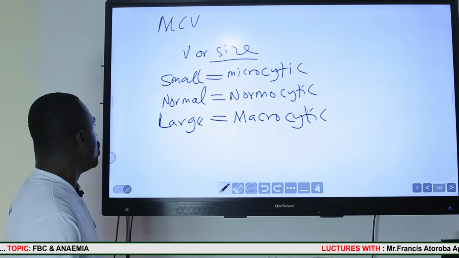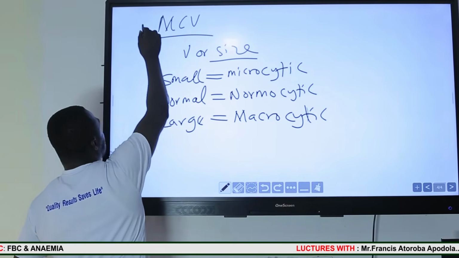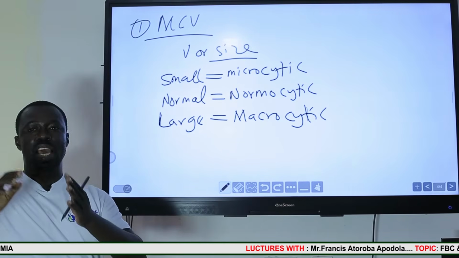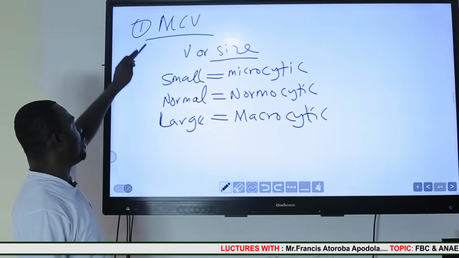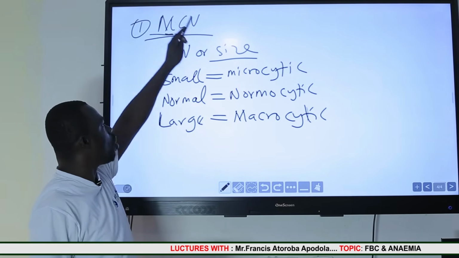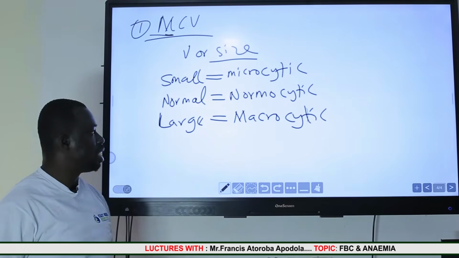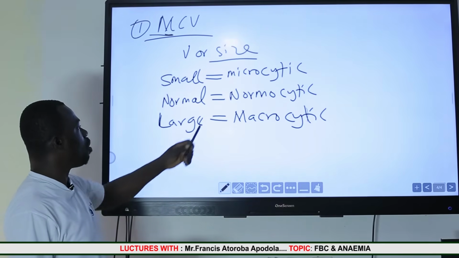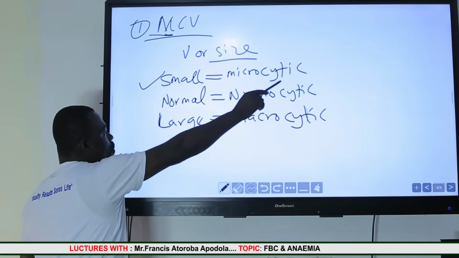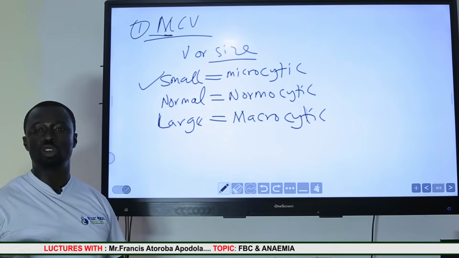So based on the morphological classification of what? The anemia, using the red cell index MCV, mean cell volume, which is a measure of the average size or volume of the red cells. The volume or the size of the red blood cell can be small. In that case, we say we are dealing with microcytic what?